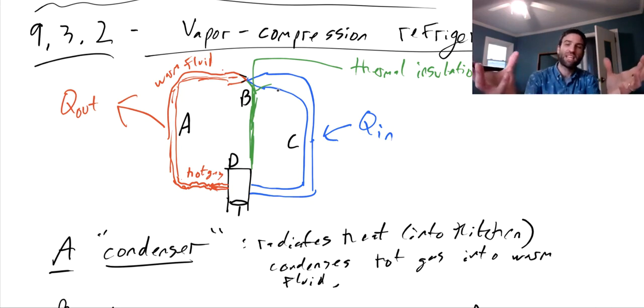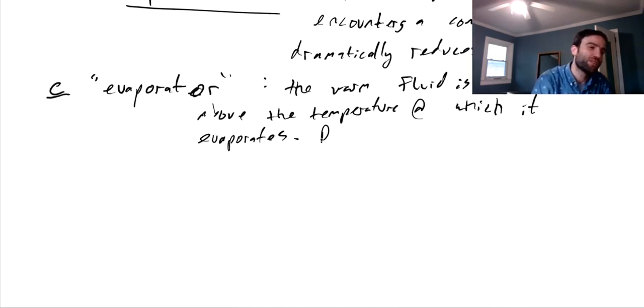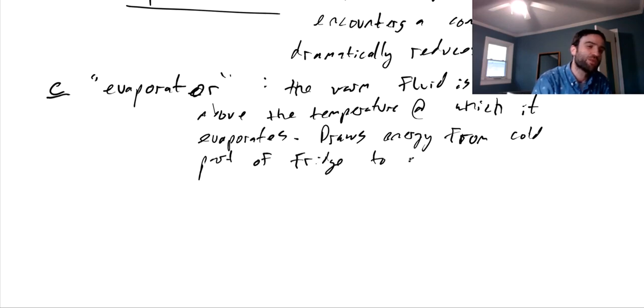So it draws extra thermal energy from this already cold part of the refrigerator to make that happen. So this draws energy from a cold part of the fridge to supply the latent heat of vaporization.